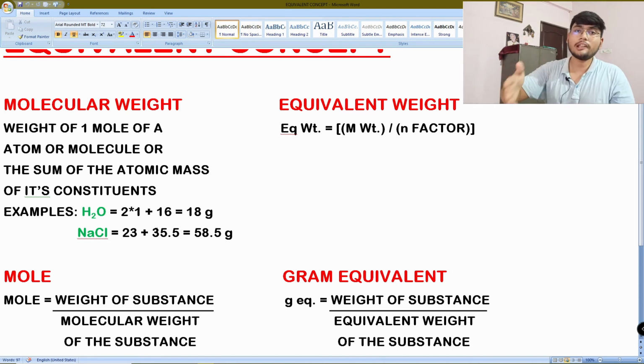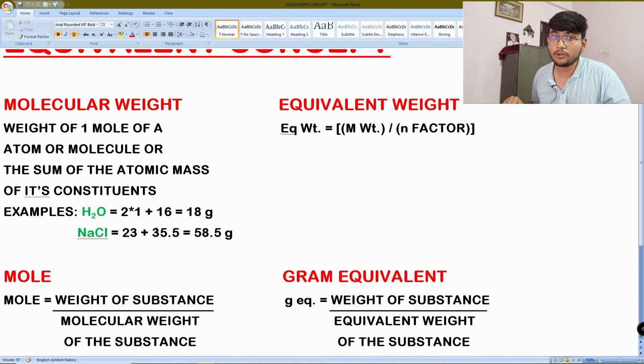If we talk about gram equivalent, the formula will be weight of the substance upon equivalent weight of the substance, nothing else. The only term that changes is molecular weight in moles and equivalent weight in gram equivalent. So the formula of gram equivalent is weight of the substance upon equivalent weight.